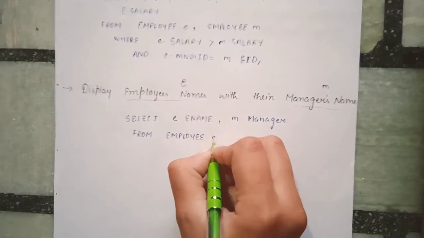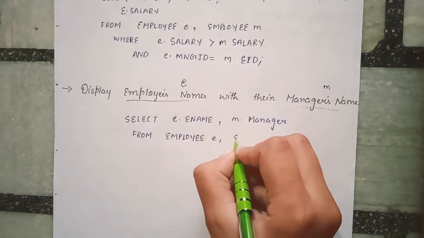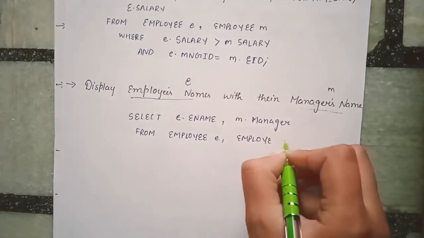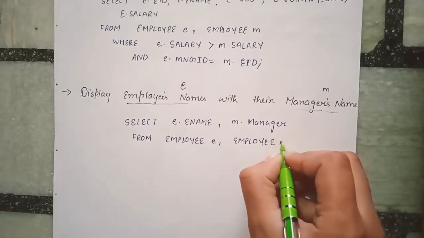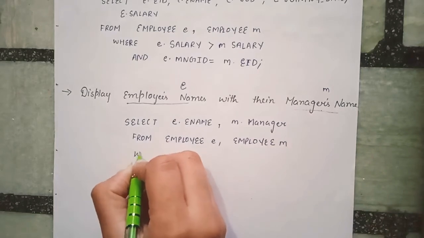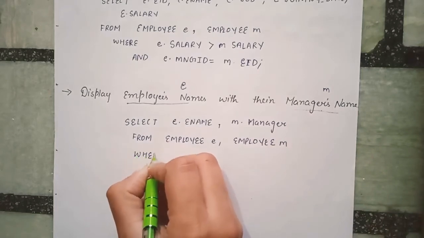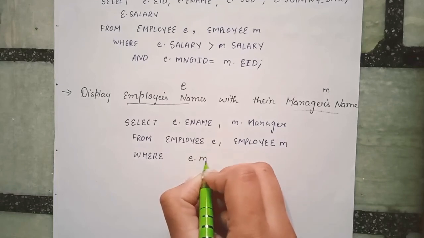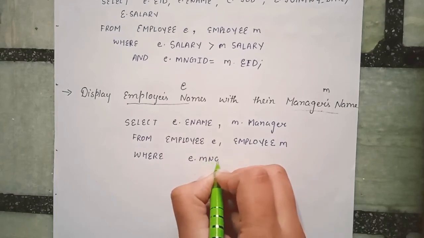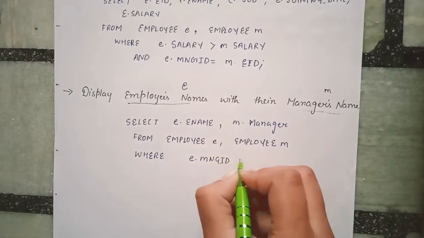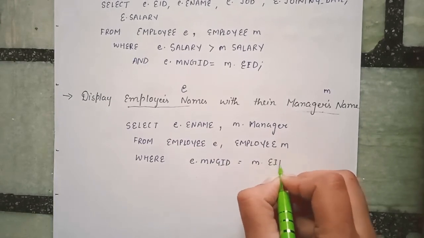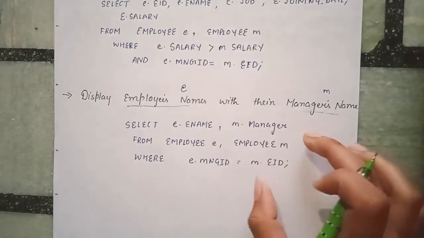So its first instance is E, and the second instance of employee is M. On what condition? See, where E dot manager id is equal to M dot EID. So this is the condition.